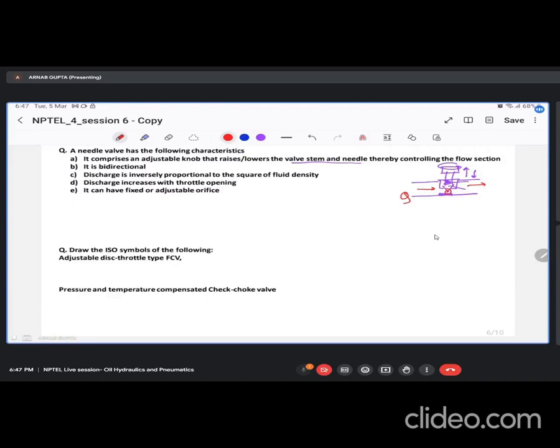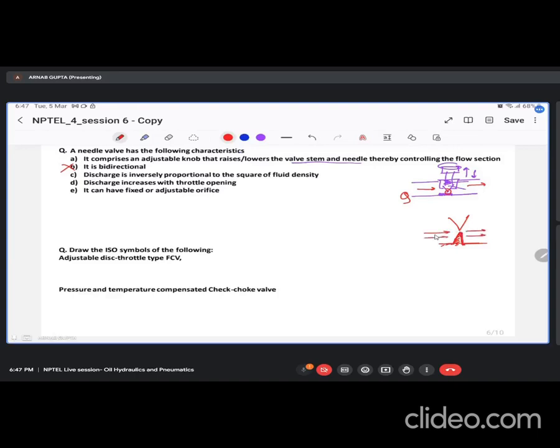It is bidirectional. No, it is not bidirectional because it generally sits on a knife edge, like this. So it generally sits on a particular knife edge, and that biases the flow.